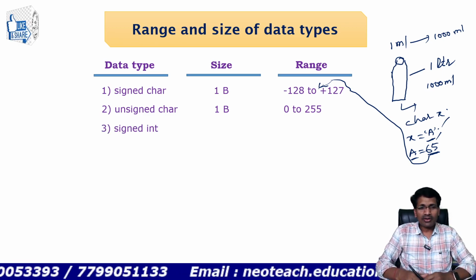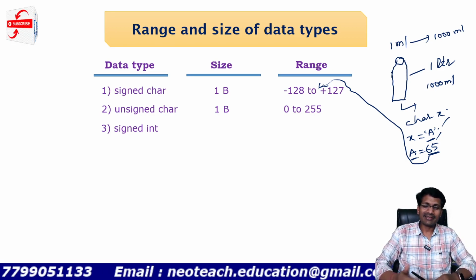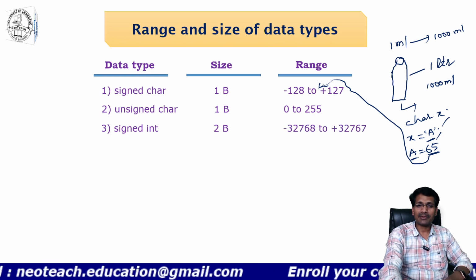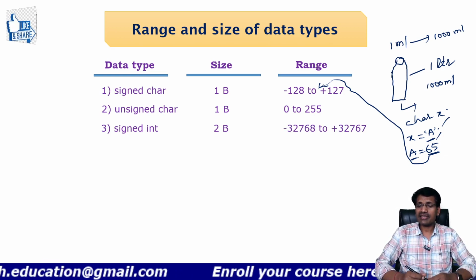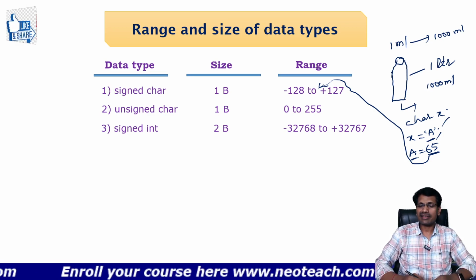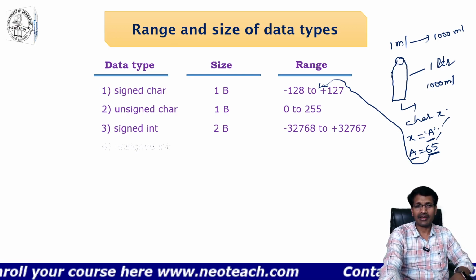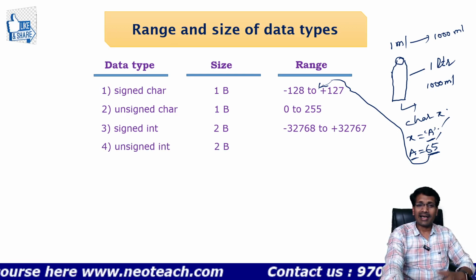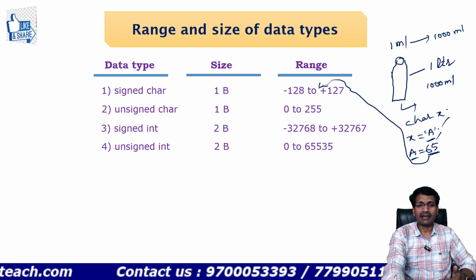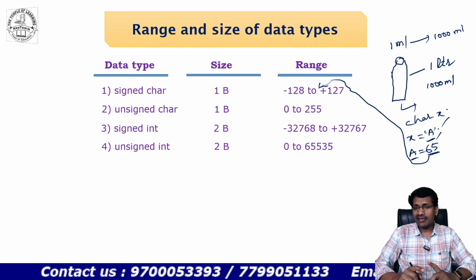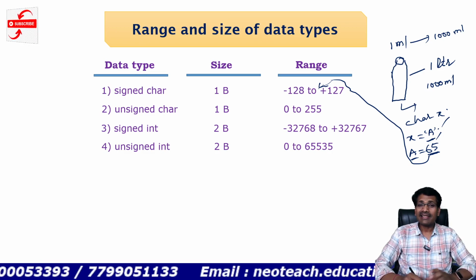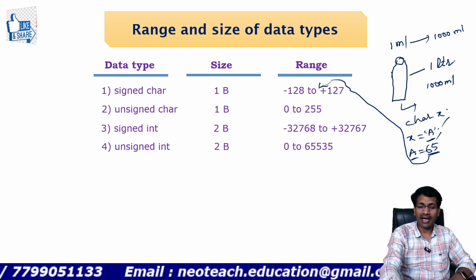Next, when we talk about the integer, that is the signed integer, it allocates 2 bytes of memory for that variable, and it supports a minimum of minus 32,768 that we can fit into that variable, and a maximum value of 32,767 also. And the unsigned integer also occupies 2 bytes of memory, and the minimum value we can store in that variable is 0, and the maximum value is 65,535.